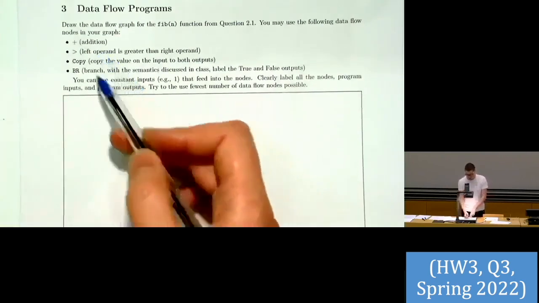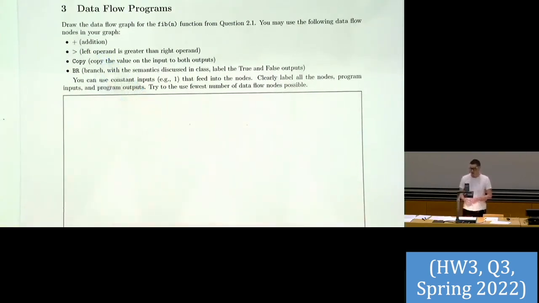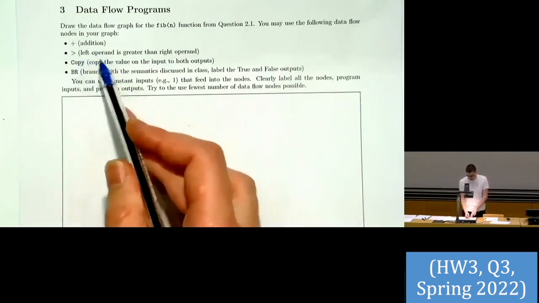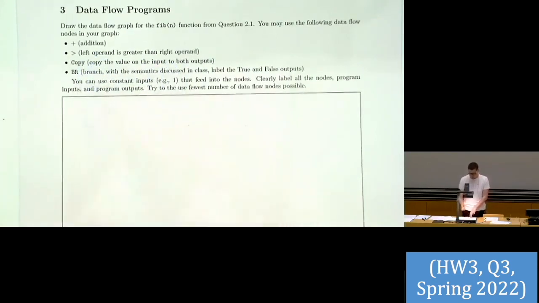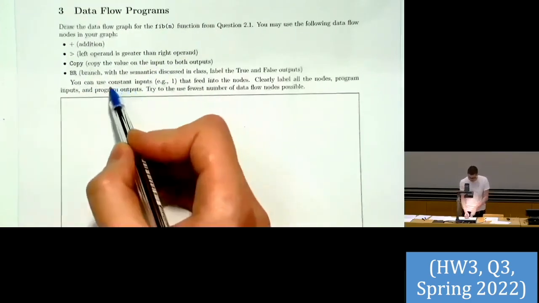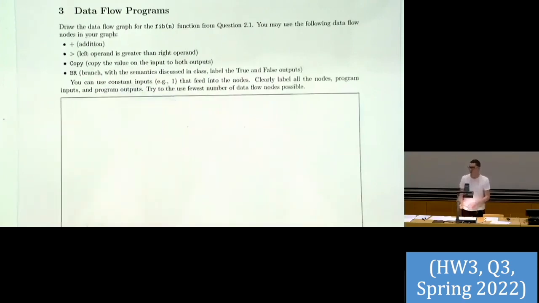It gives you some nodes that you can use, such as addition and greater than operand, then copy and branch. You are allowed to use only those, and also you can use constant inputs to feed to your nodes. Using those nodes, you will need to implement Fibonacci.